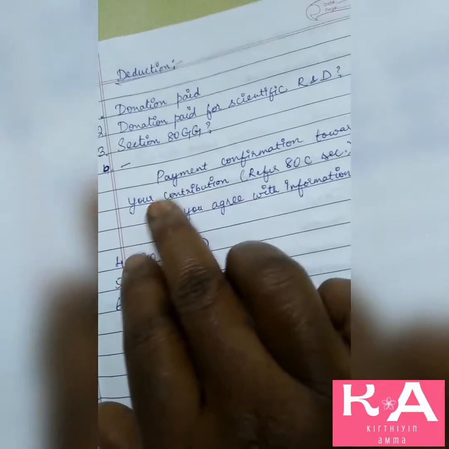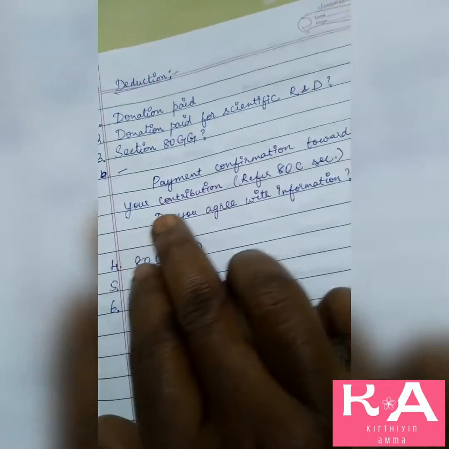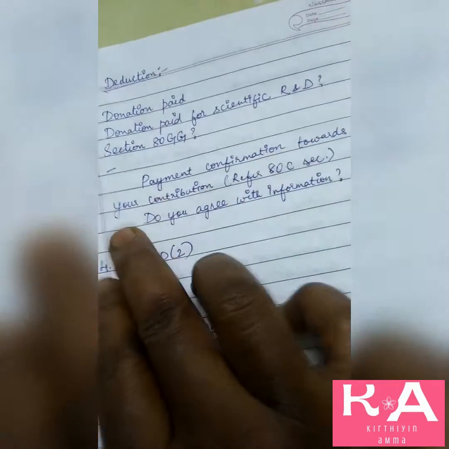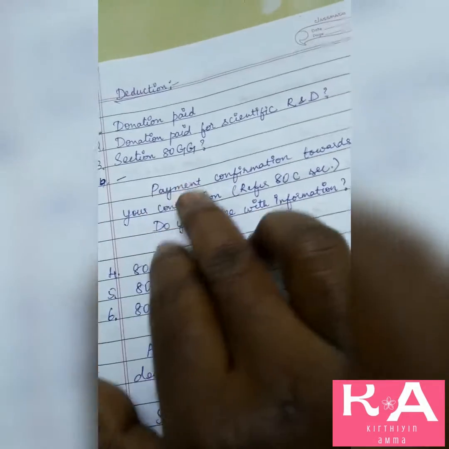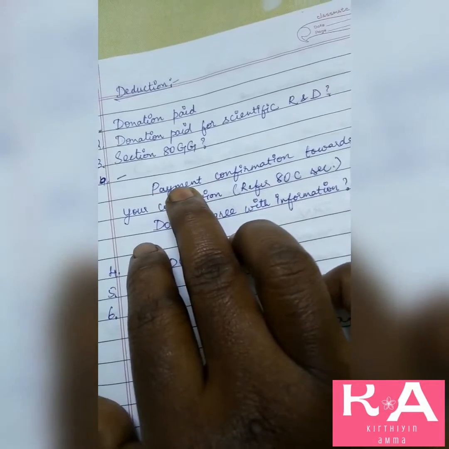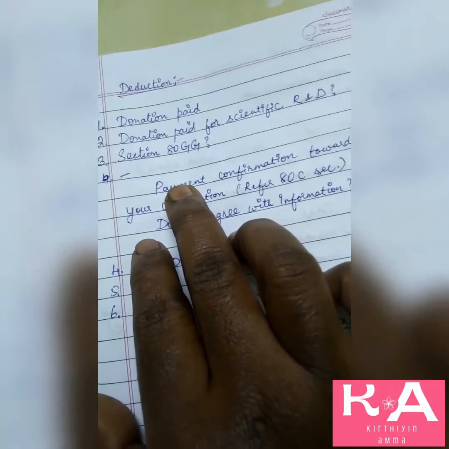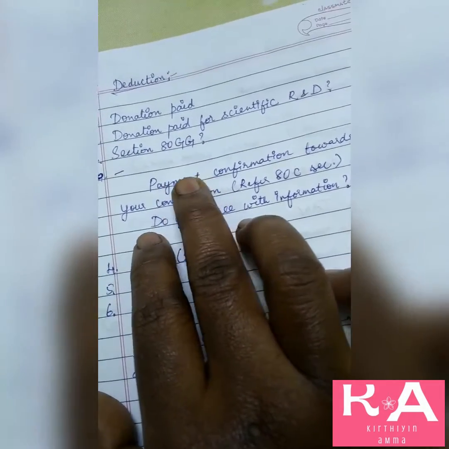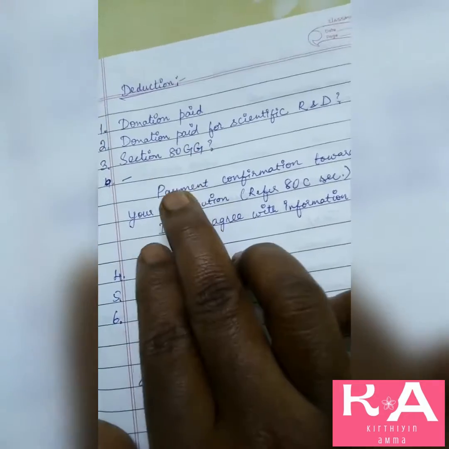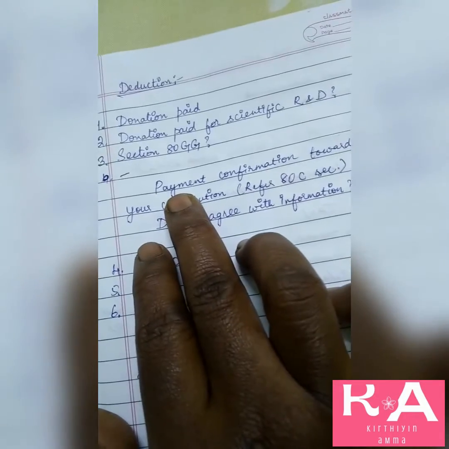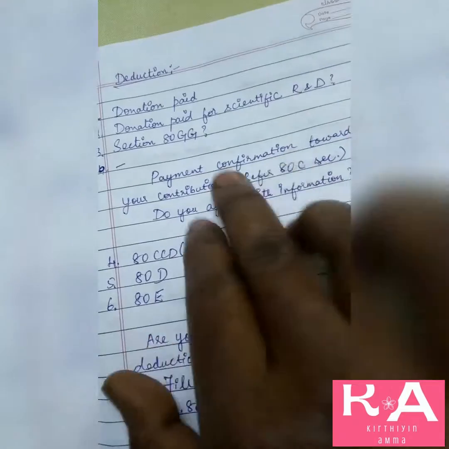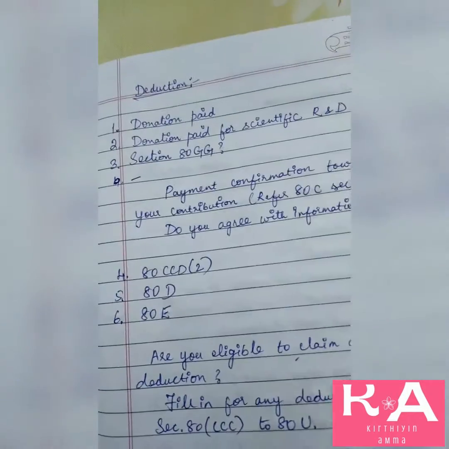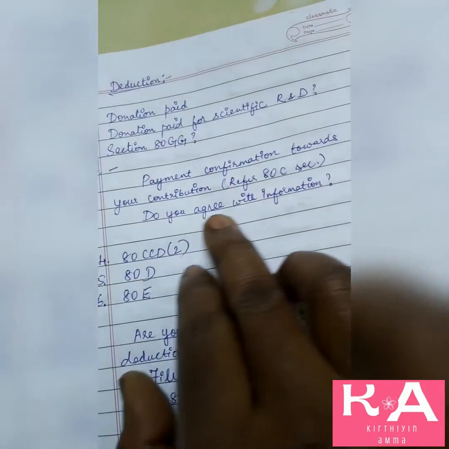This point I will tell you, the payment confirmation towards your contribution. That is, if you have made any payment, like the first one I told you, contribution towards PF, you will have some amount. So if you have made that, definitely you will have that section. So that payment confirmation will be asked, and it will ask you, do you agree with the information?